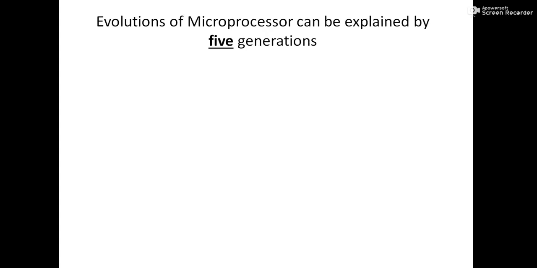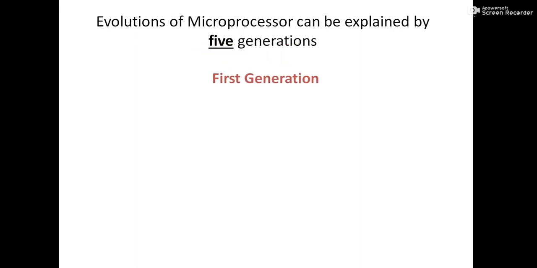Now in this video we are going to learn about evolution of microprocessor, or we can say generation of microprocessor. Evolution of microprocessor can be explained by 5 generations, and which microprocessors were introduced in each generation will be discussed in this video. Let us understand one by one generation.